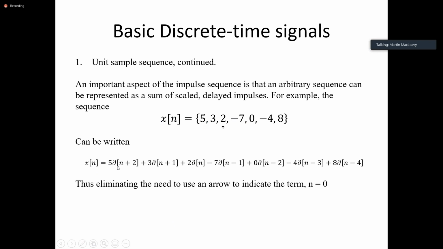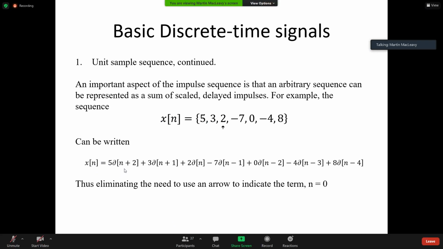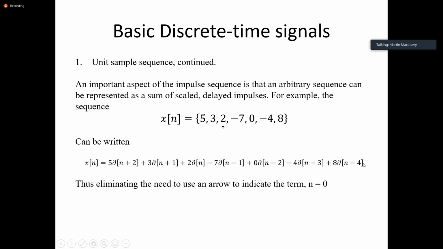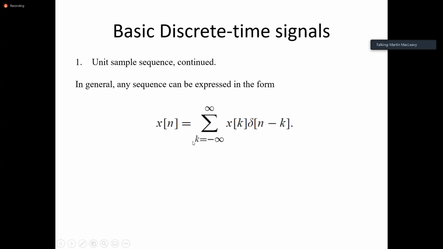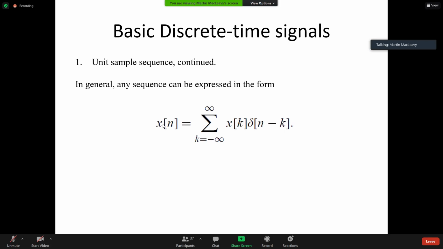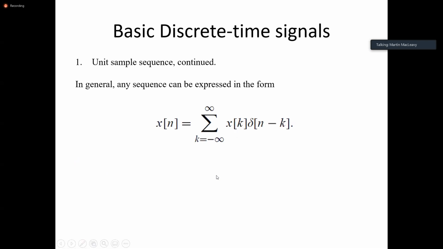You know that your limits are going to be from minus 4 to plus 2. So here you would substitute minus 4 to plus 2, and that would be all you would write for that expression there, because you know what your sequence is here.